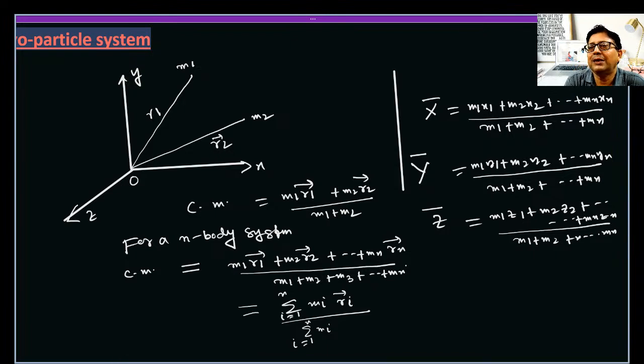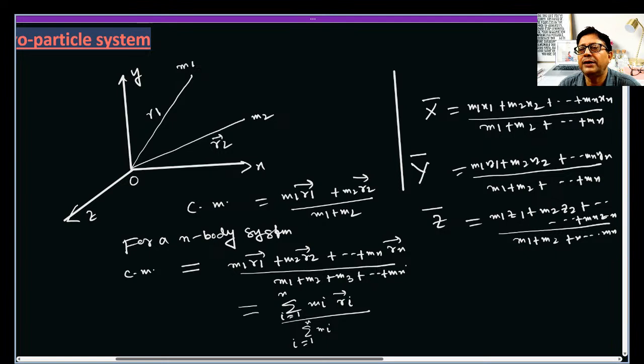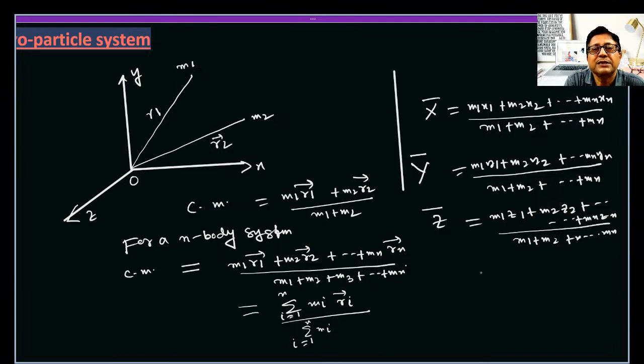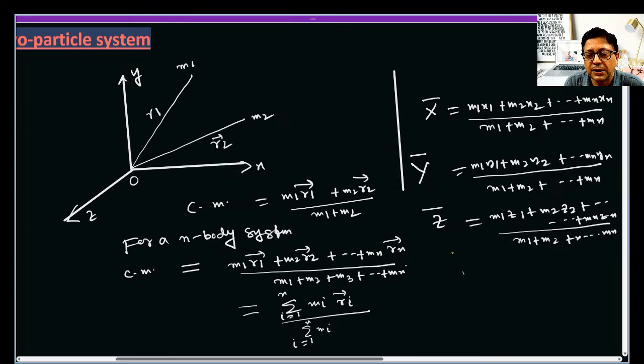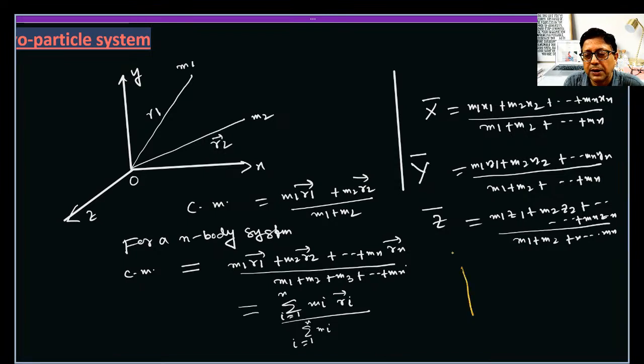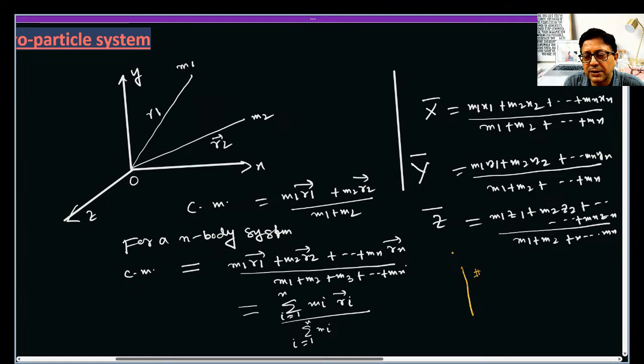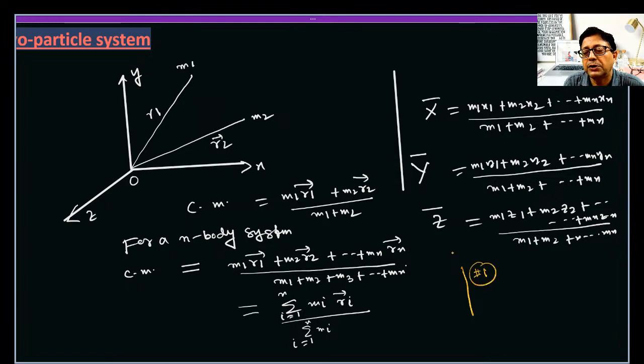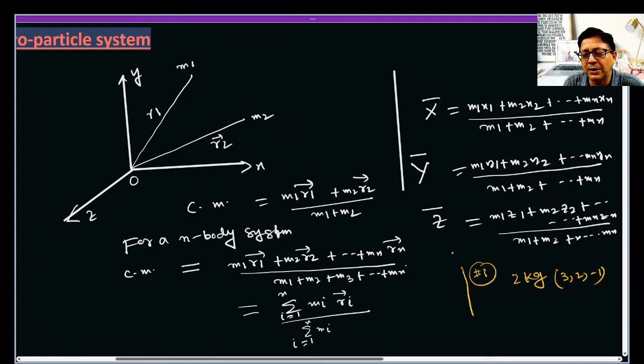Now let us see one problem here where it is given that a particle of mass 2 kg situated at the point 3, 2, minus 1 and 3 kg situated at 1, minus 2, minus 3.